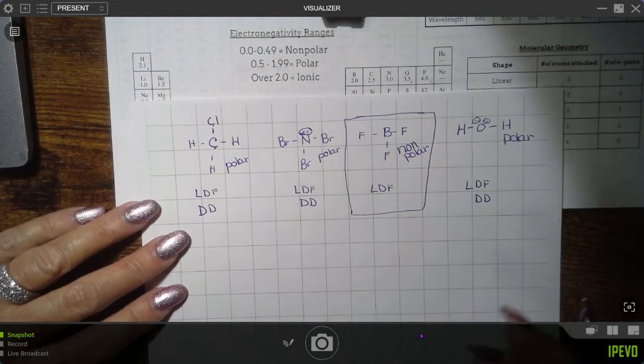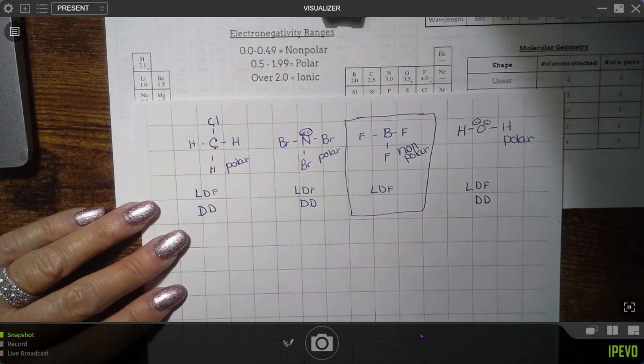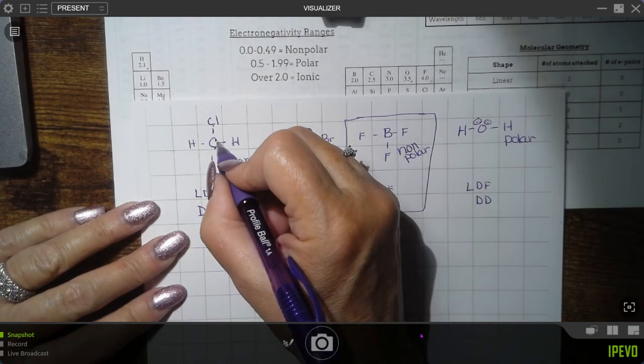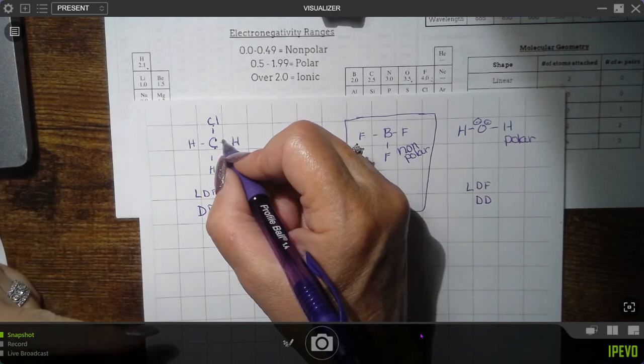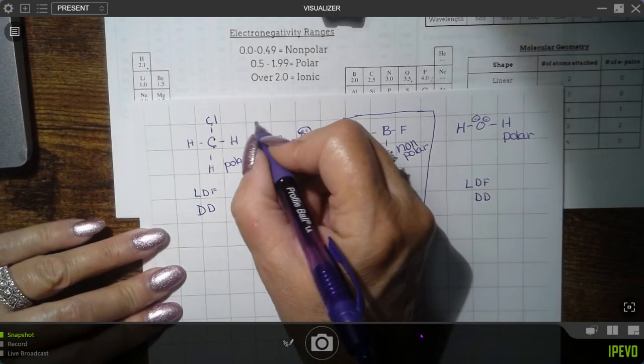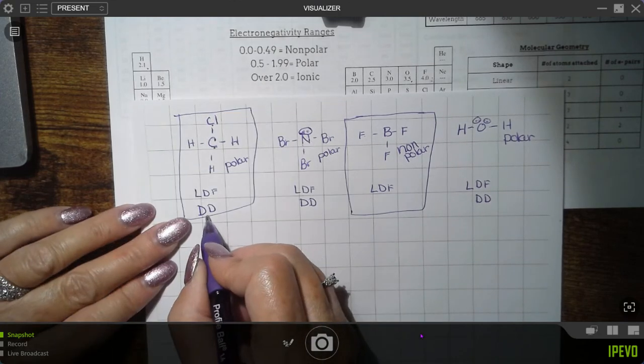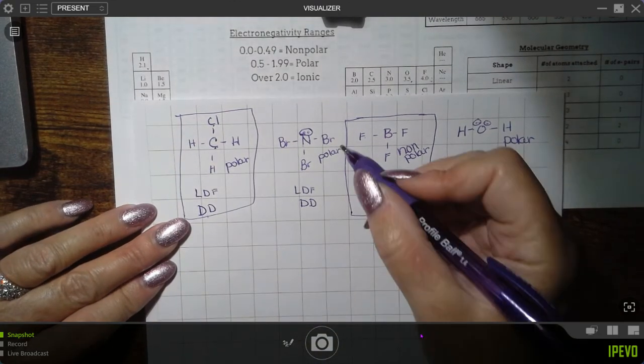Then we have to look for that special circumstance of hydrogen bonding. So we have hydrogen in this compound, but it is not attached to an oxygen, a nitrogen, or a fluorine. So for this molecule, the strongest intermolecular forces are dipole-dipole. What about this one?